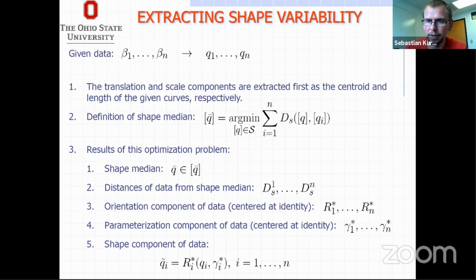So we have to rotate the data so that it aligns with the median, and we have to reparameterize the data so that it aligns with the median. And so these are what I'm calling the orientation component or rotation component, and then the parameterization component. Finally, the shape component is defined as the data where I've applied this optimal reparameterization, this optimal rotation.